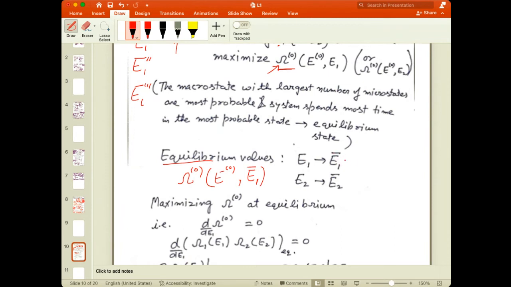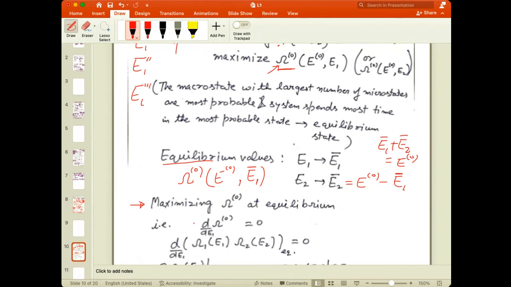So this is the equilibrium value, right? And E2 bar would also be equal to the energy of the composite system minus E1 bar, because E1 bar and E2 bar are going to add up to the total energy, because the total energy is not going to change. Okay, so now if we are interested in maximizing, building upon these physical arguments, let's see what we can derive out of this.